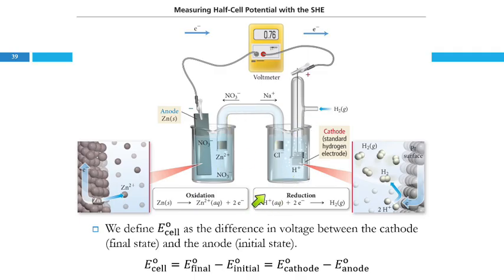Over here, we've got 2 hydrogen ions receiving 2 electrons to make a hydrogen molecule. If we put a voltmeter up here instead of a light bulb, we can measure the difference in the potential between those two electrodes. And so the difference is 0.76. So that is the potential of this half reaction. This is relative to this one that we said is 0.